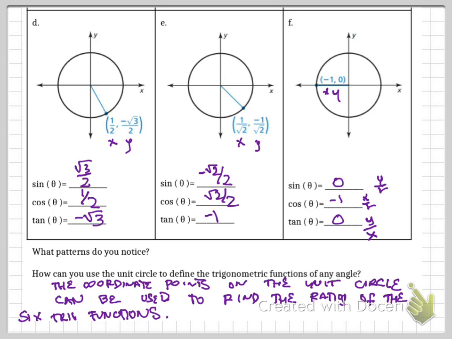Basically, we know that if it's a unit circle, specifically a unit circle, sine equals y, cosine equals x, and tangent is y over x.